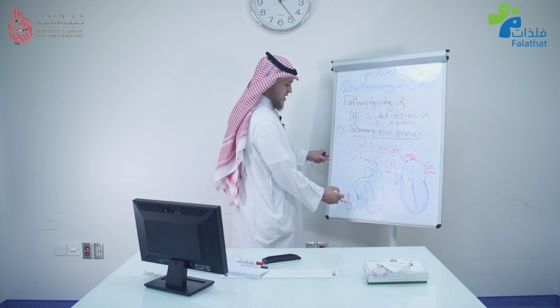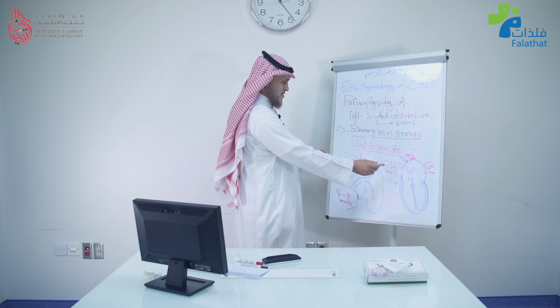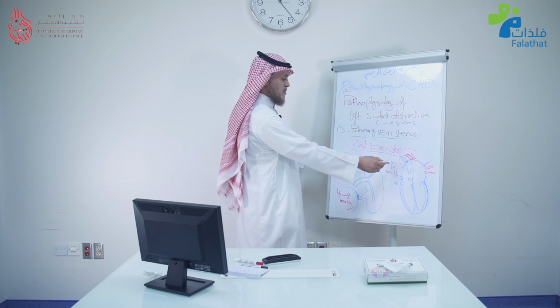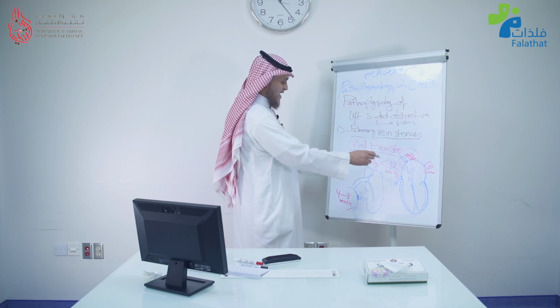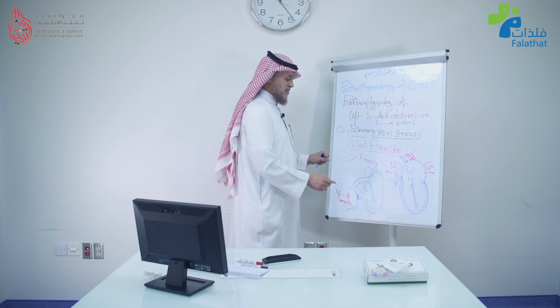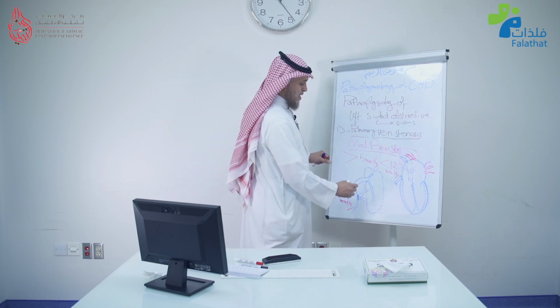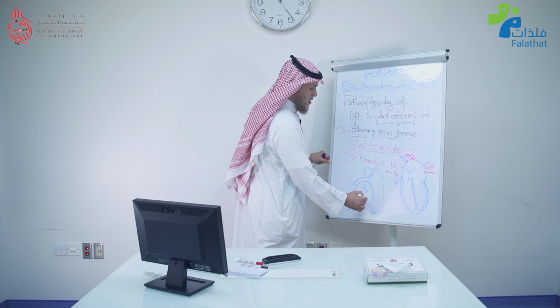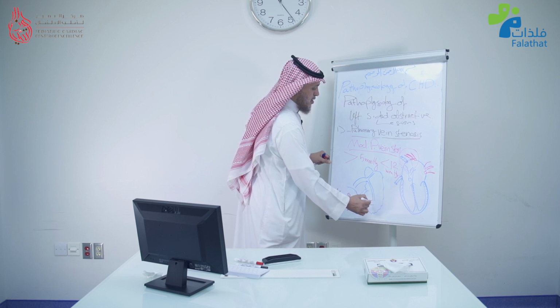Let's take now the 8 plus the maximum, which is 12, less than 12, let's say 11. So 19 millimeter mercury will be the pressure within the intraparenchymal pulmonary vein.